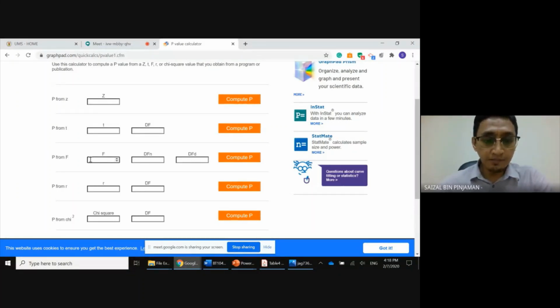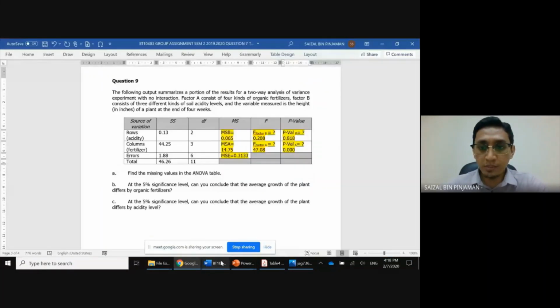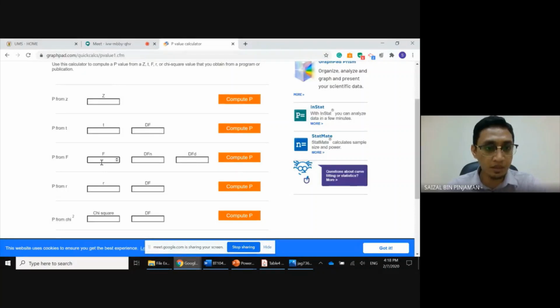Say that we wanted to determine this p-value over here, 0.818. In order to get this, all you have to do is plug in the F statistic for factor B, in this case 0.208.